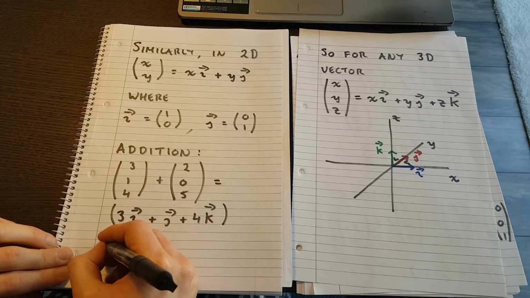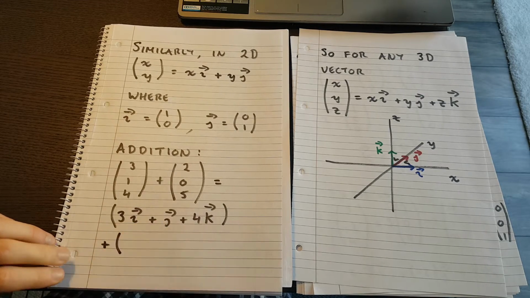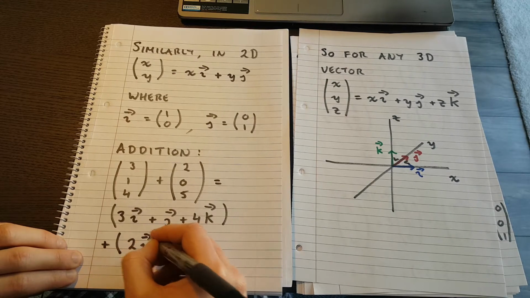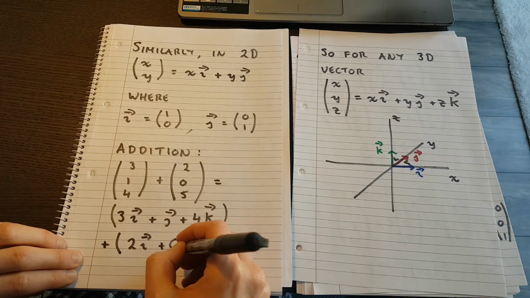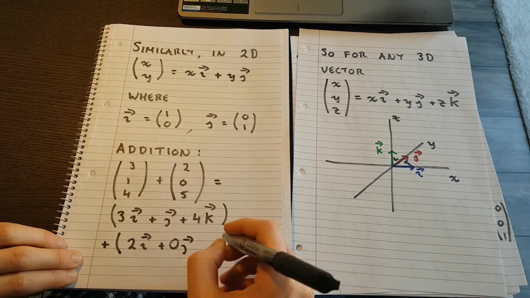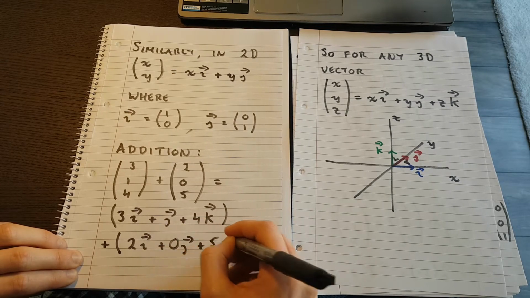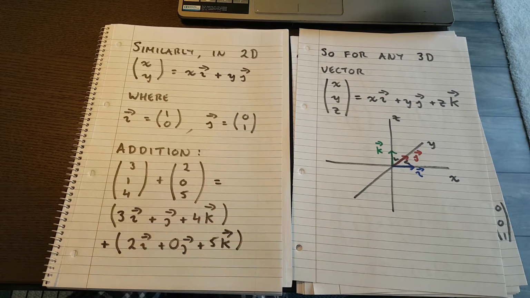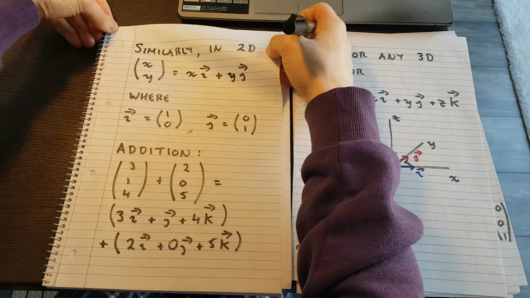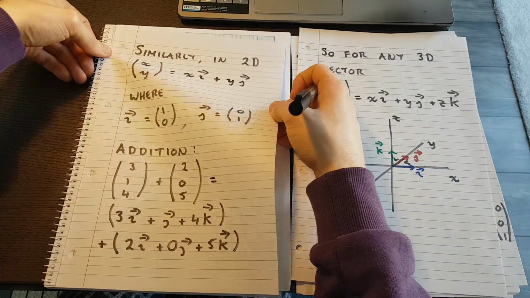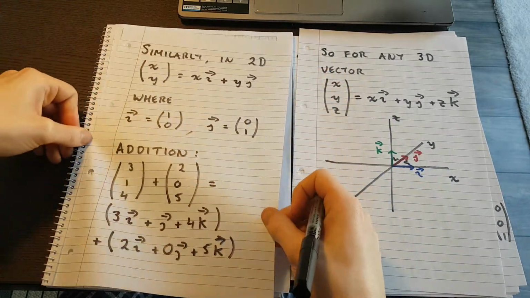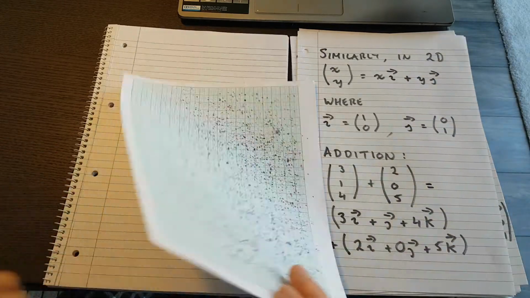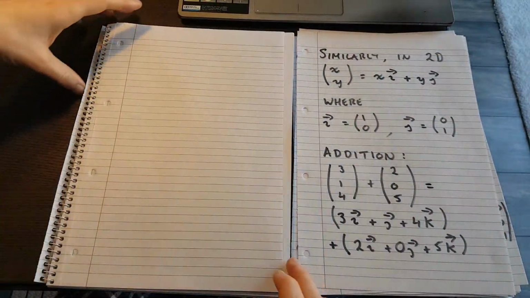Okay, and now I'm going to add on my second term, which is 2i and no j's, 0j, and then I have 5k's. Like that. And of course, this is not difficult to do. At this stage, they just look like variables, which is very easy to solve. What do I end up with?